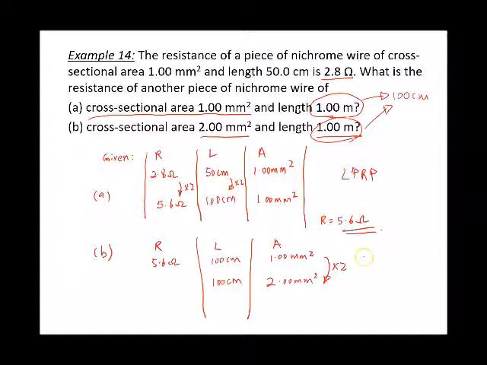When the area goes up, resistance comes down. So your resistance will have to be divided by 2, and therefore you will get your answer to be 2.8 ohms. So for part B, the resistance is equal to 2.8 ohms.